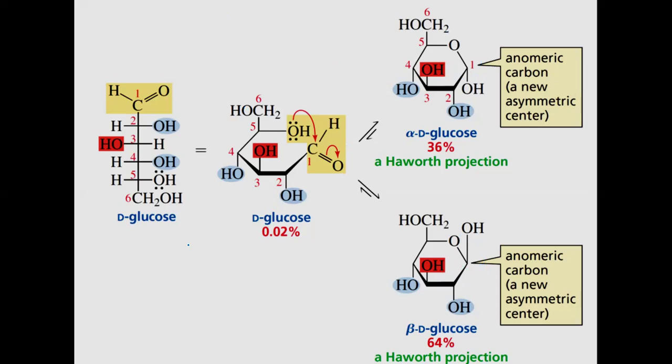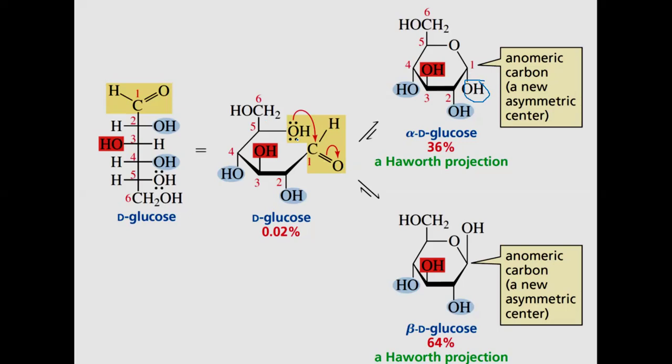The carbon holding the 5th hydroxyl group attacks the first carbon, the C double bond O carbon. So there are 2 products that can be formed. The first attack is from the top, so the hydroxyl group falls below here.